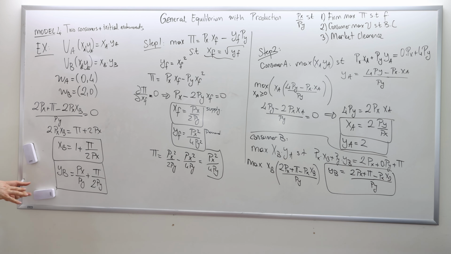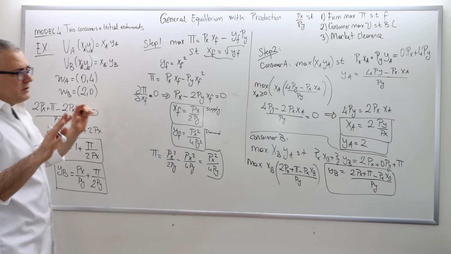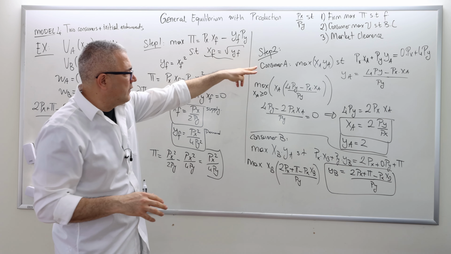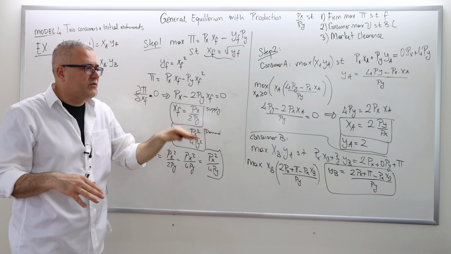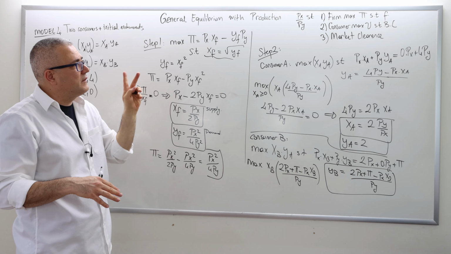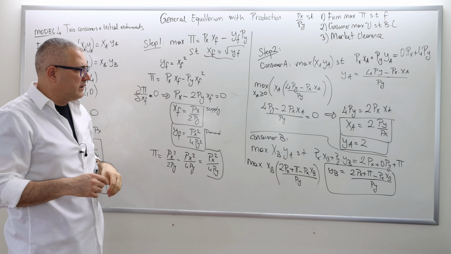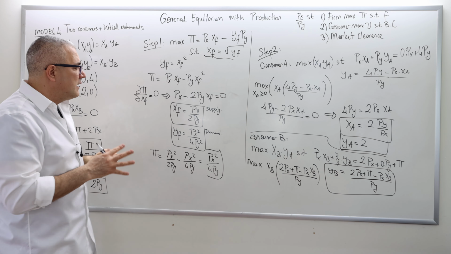So what do I have? I am done with step 1 and step 2, and what's left is step 3, the market clearance. So now I have to basically sum up everything, like who is the demand, who is the supply for whom, etc. So this is what I'm going to do. All right.